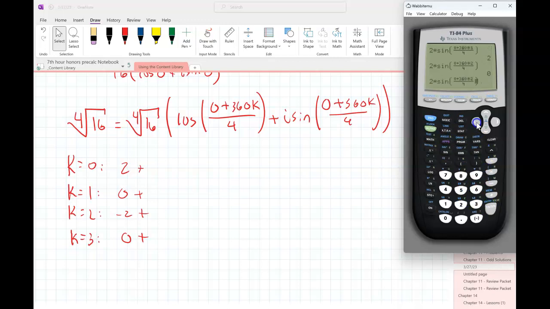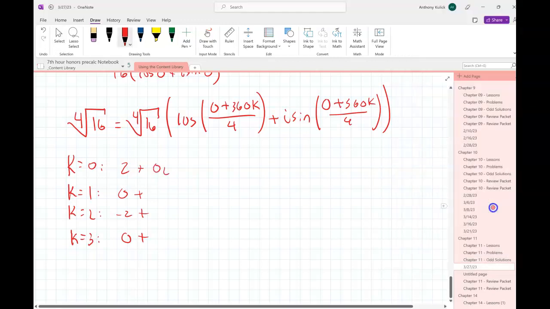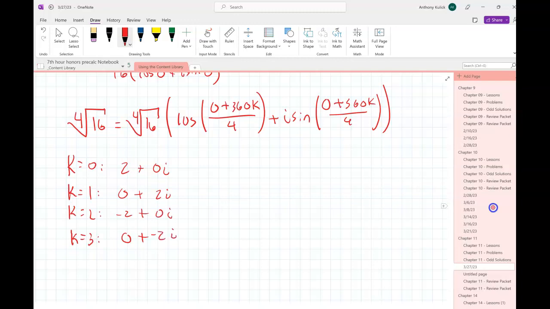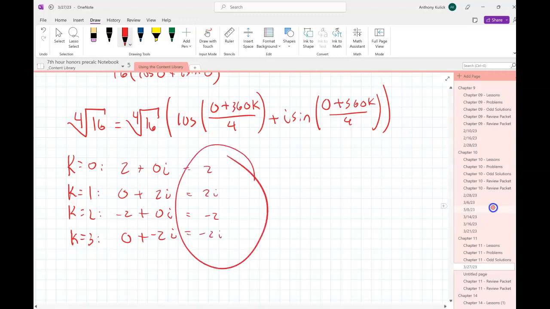And then my 2 to a 3. That's a negative 2. So those are my 4 answers. I really have 2, 2i, negative 2, and negative 2i. There's my 4 answers.